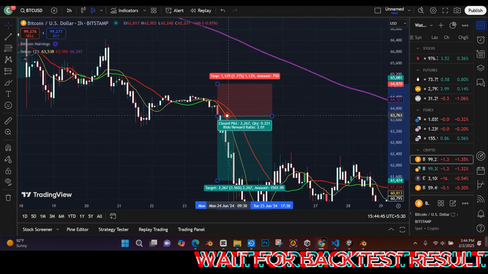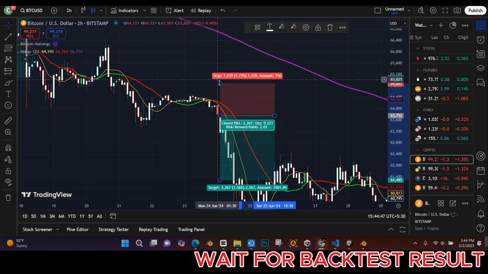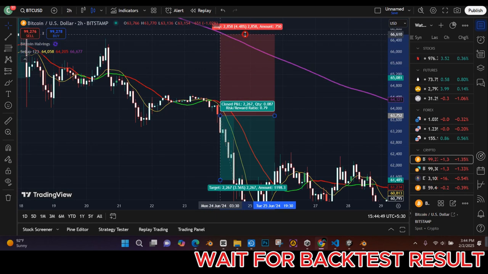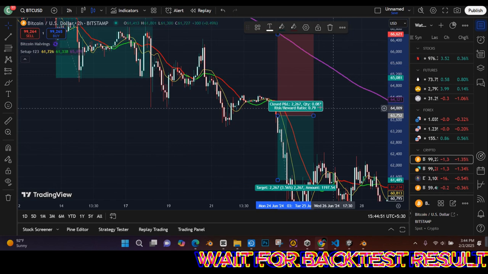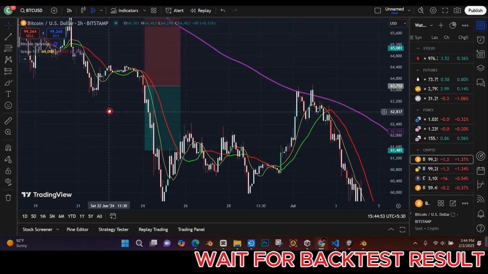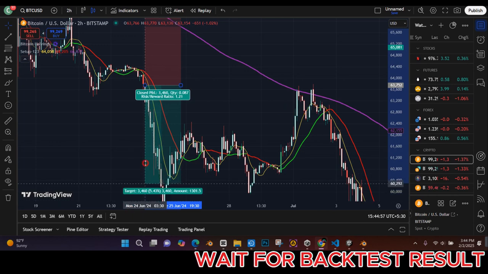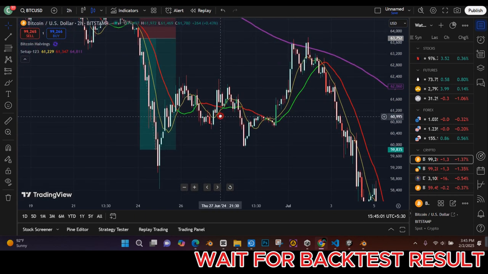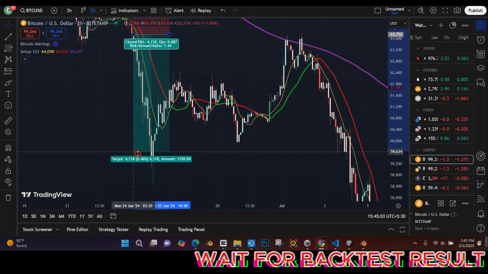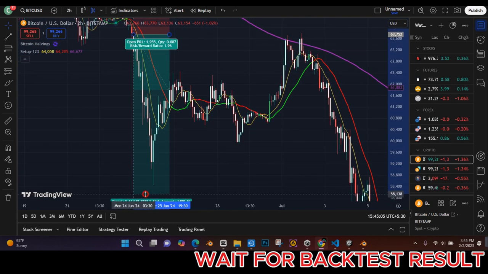Let's look at another trade. The scalping indicator gives a MACD bearish cross signal. The MA line turns red. The market forms a bearish candle, confirming the setup. Since all conditions are met, we place a sell order with the stop loss at the red MA line and a 1-to-2 risk-to-reward ratio.